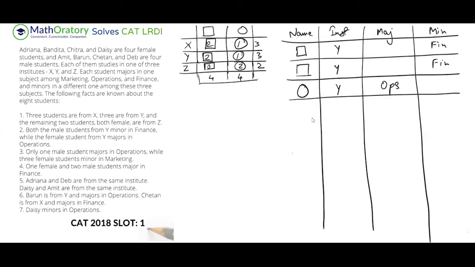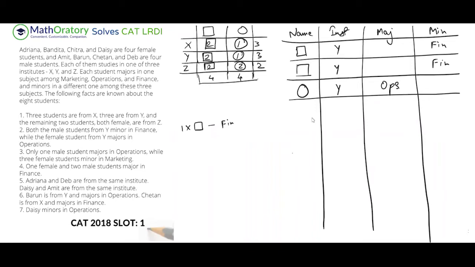The third point tells us only one male student majors in operation while three female students minor in marketing. So we'll keep a track of this. I'm keeping this separately because right now we don't have this table completely filled. Otherwise, I would have used the space below the table for this.